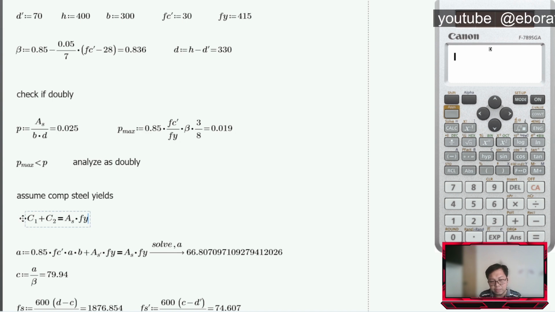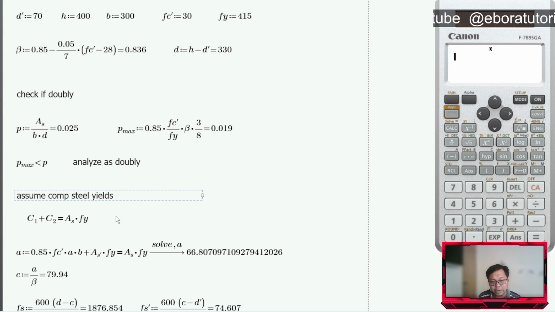Okay. Now, you might be wondering, sir, bakit you only assume the compression steel to yield? How about the tension steel? Now, don't worry. Actually, parang automatic na, no? We assume that the tension steel yields kasi pag doubly reinforced, almost always tension steel yields. However, yung compression steel, may chance na hindi mag-yield, may chance na mag-yield.